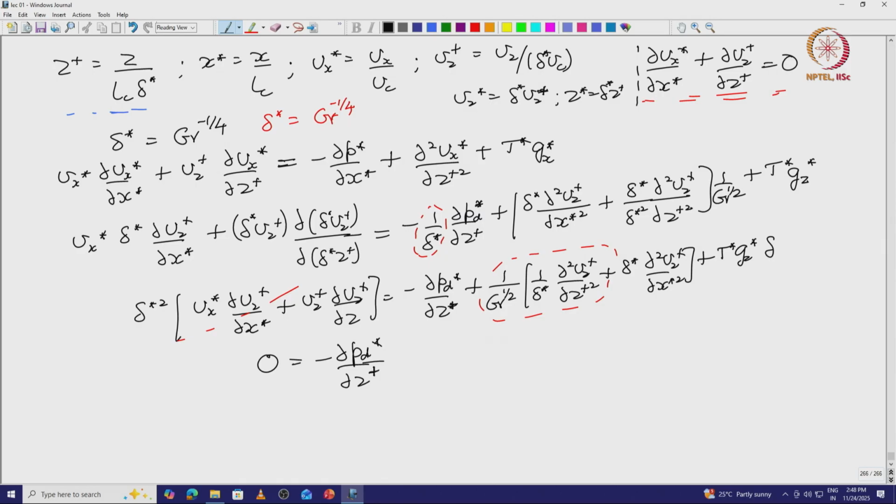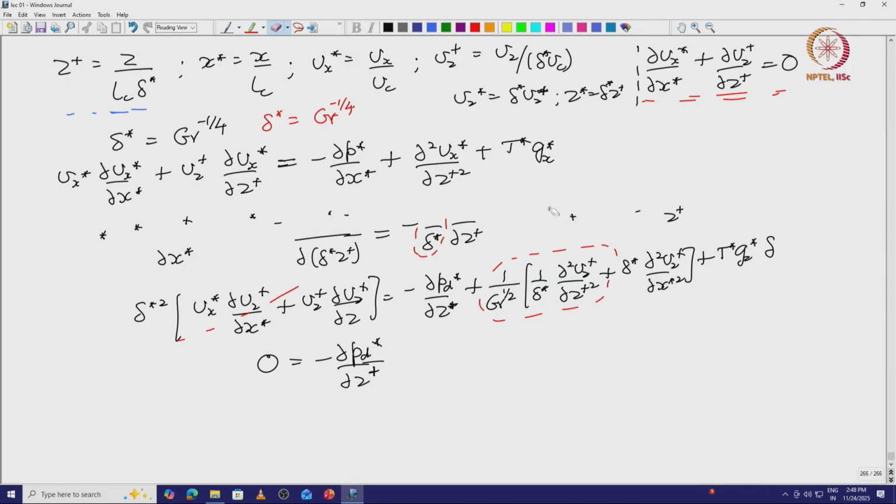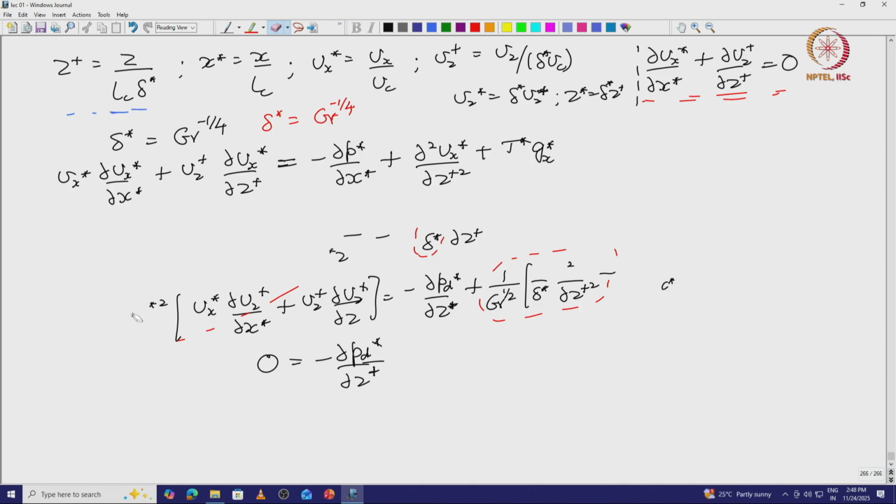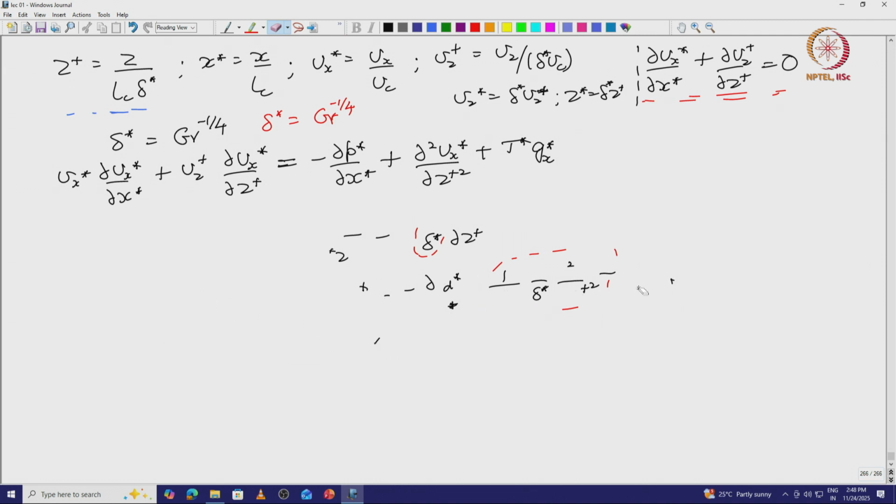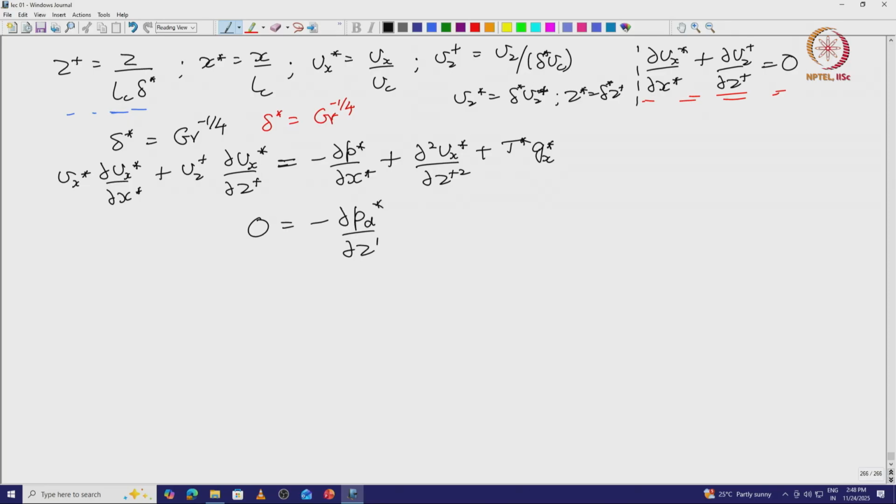So, the conservation equation for the z momentum becomes zero is equal to minus partial P d star by partial z plus.